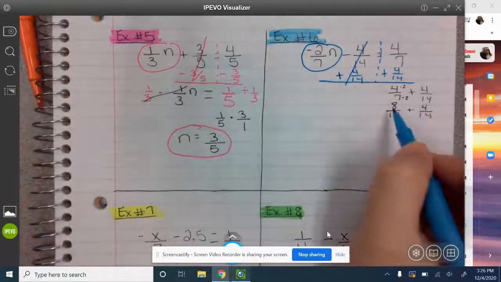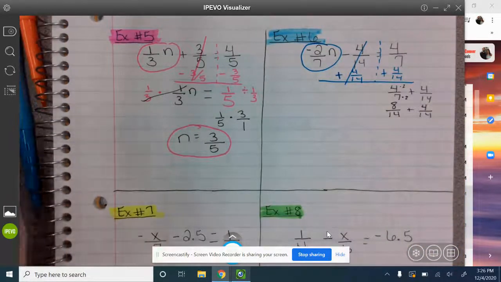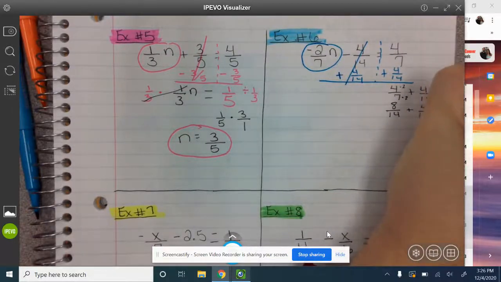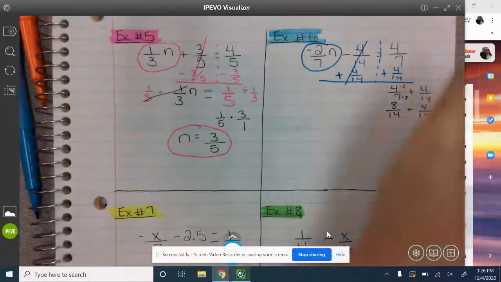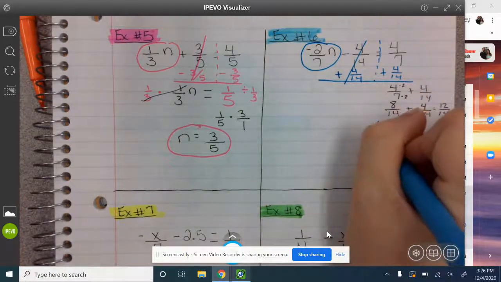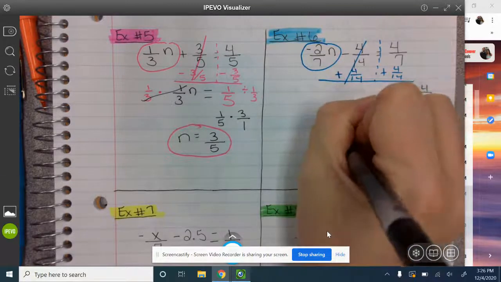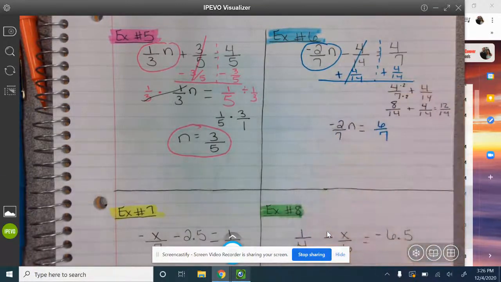So now I'm able to add 8 plus 4 is 12 over 14, which we can simplify to 6/7. So when I write it right here, I'm going to go ahead and just write 6/7. And I have -2/7 n equals 6/7.